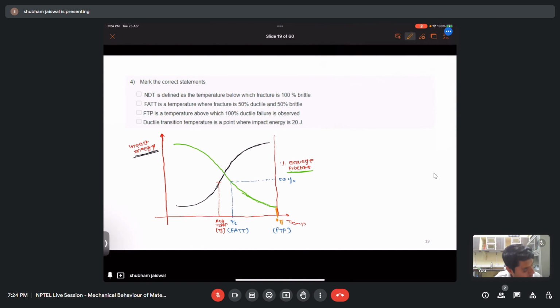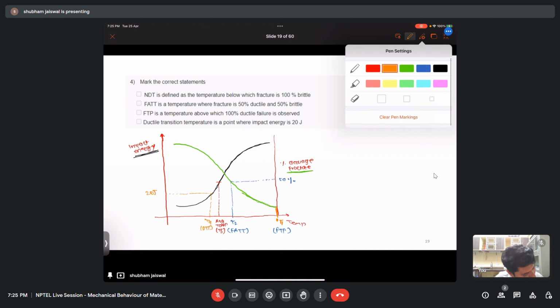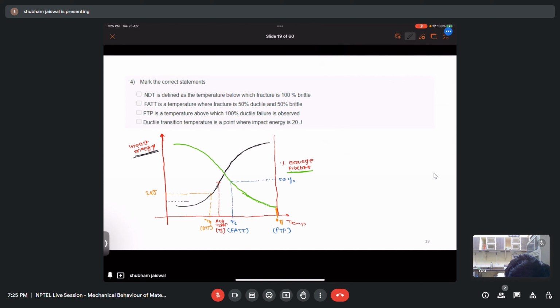Then we have the next temperature at 20 joule, and it is our T4, that is DTT. And we have our last temperature here, that is T5, where we have a brittle fracture, and here we have a ductile fracture.